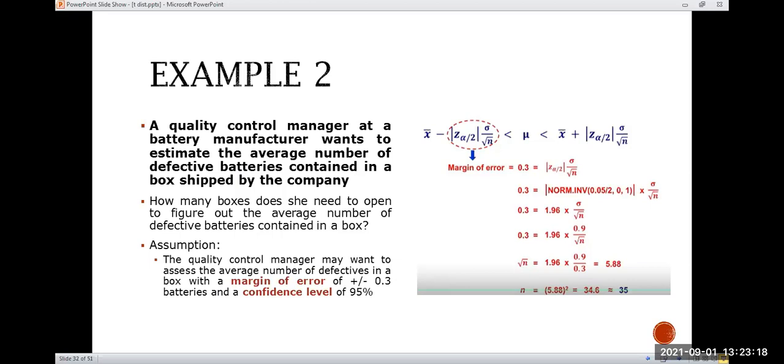Since nothing is given related to the confidence level, we are considering it by default as 95%.